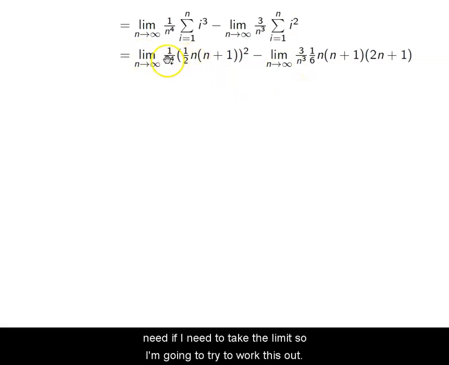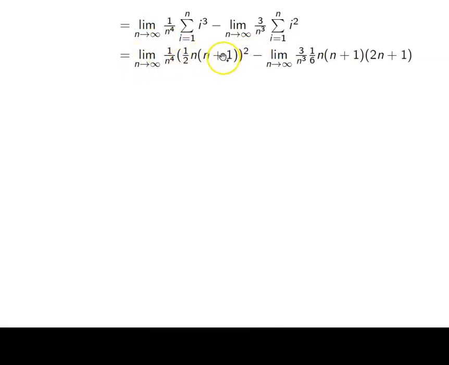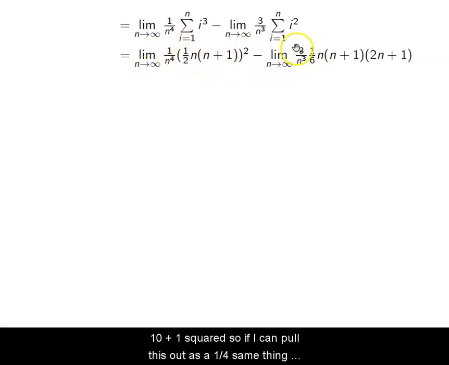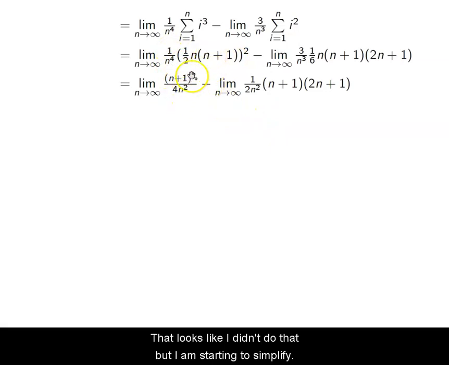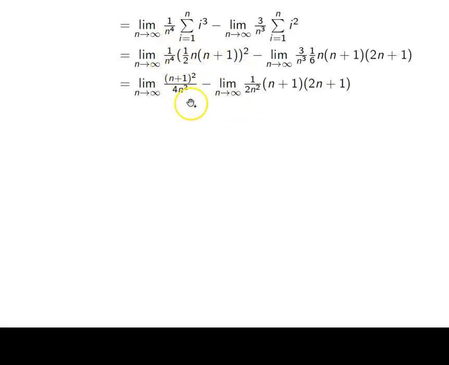So I'm going to try to work this n fourth back in here and this n cubed back here if I can. If I can't, then that's fine. Here, however, I do have a 1/4, so I would like to pull that out as a constant, right? Because I have the 1/2 n squared, n plus 1 squared. So if I can pull this out as a 1/4, same thing here. This is 3/6, so this is a 1/2. So if I can pull out that constant, that would be nice as well. But it looks like I didn't do that, but I am starting to simplify, right?